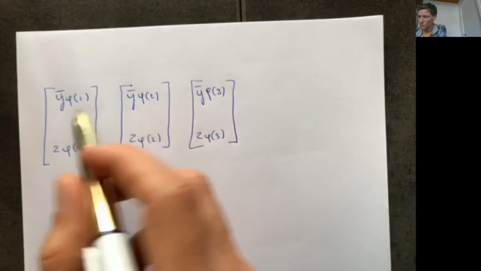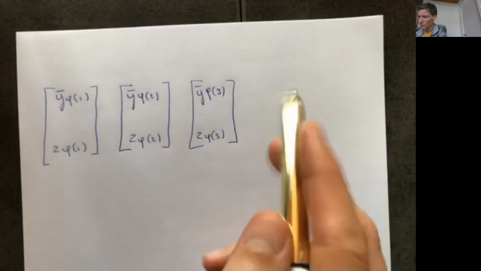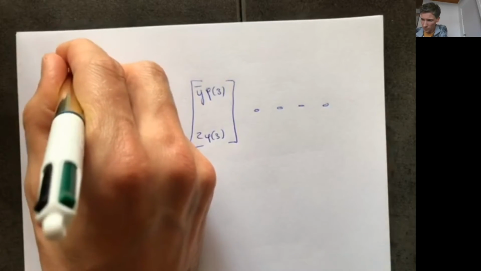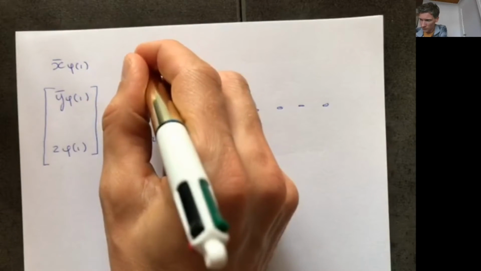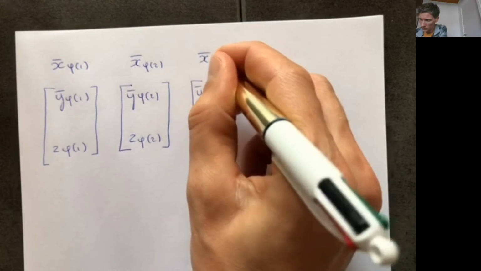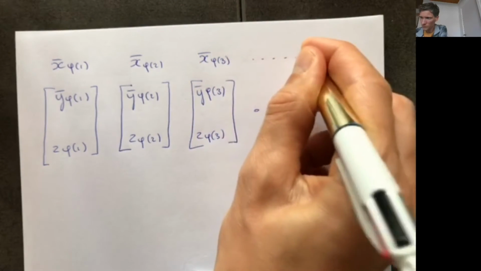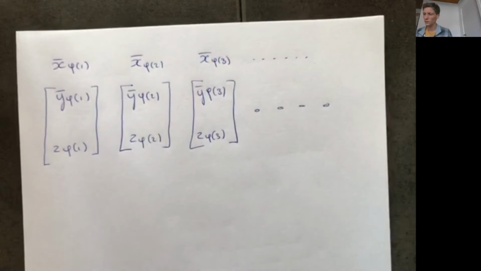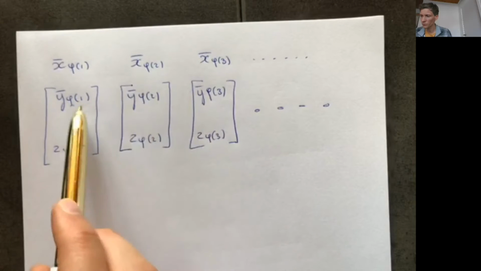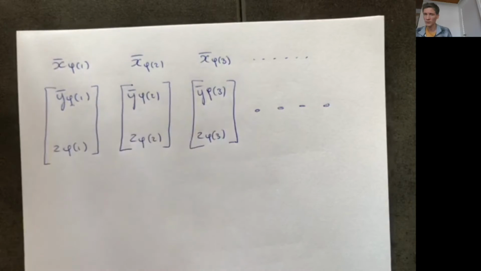So I can write out all these vectors. This is x phi 1, this is the vector x phi 2, this is the vector x phi 3, and so on. Basically this is the original sequence, but only limited to this subsequence of y's. We take the phi's that are associated with this subsequence, and we restrict all the z's to this. So what do we know?